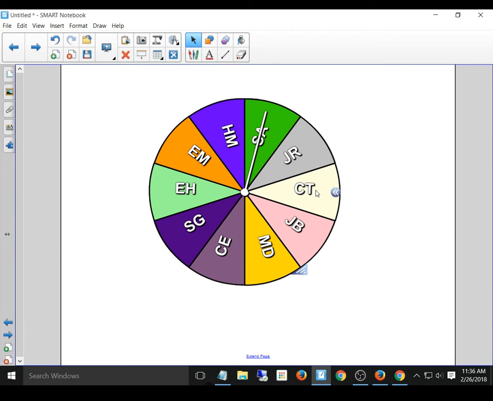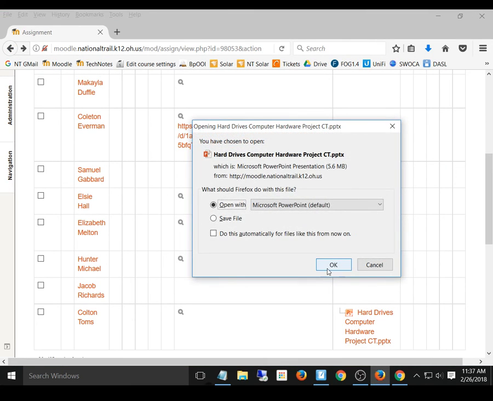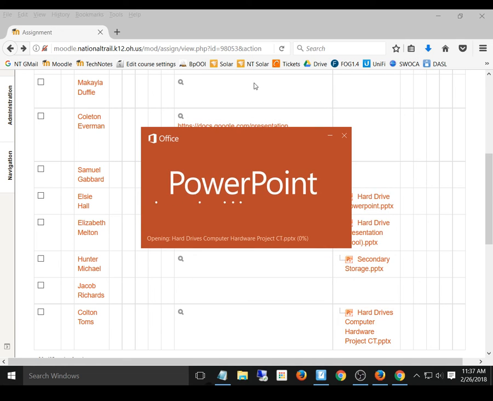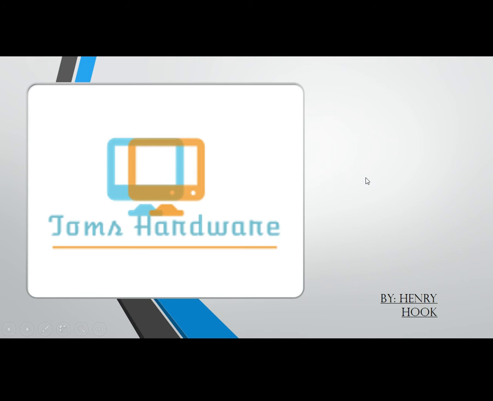You gotta spin it. Re-spin the wheel. One more time. Henry Hook. I couldn't think of a name. You can go to the bathroom if you want to real fast.